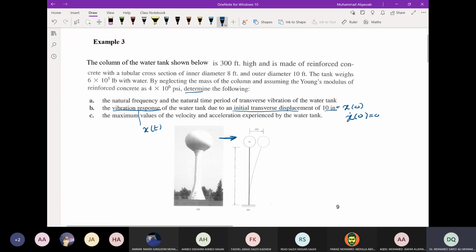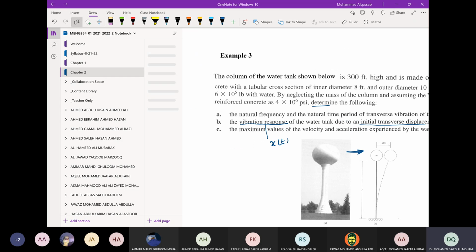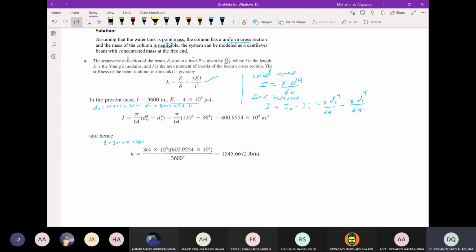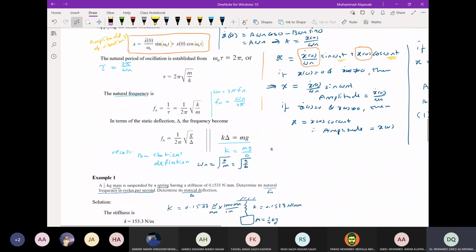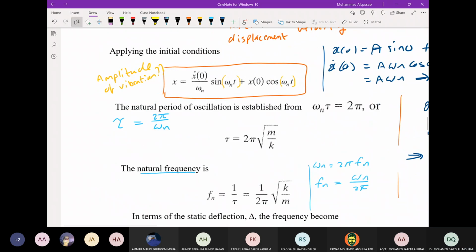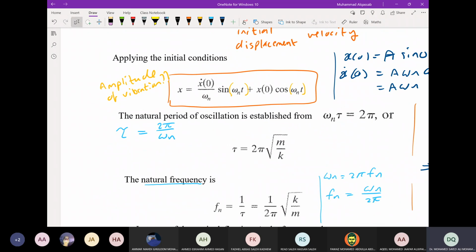If you go back to what we did in the previous lecture about the response, we derived the equation for the response. Okay, this is not the amplitude, this is the solution, and the solution means response of vibration. That is x of t.